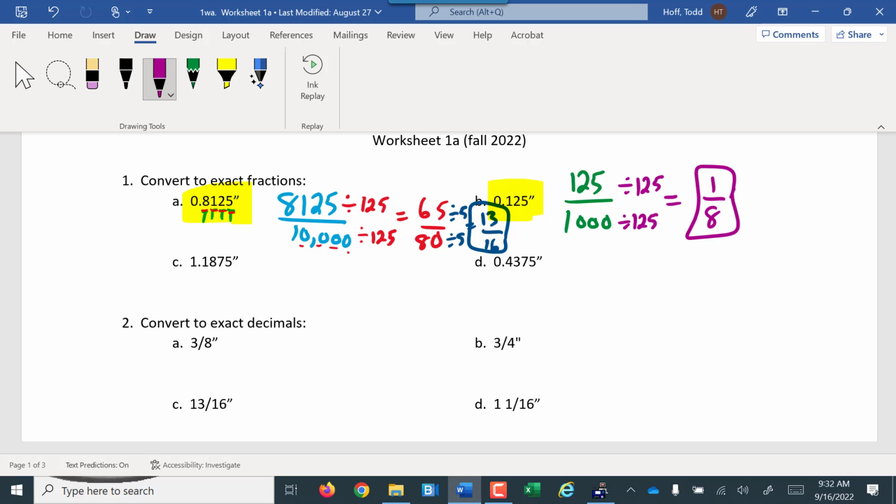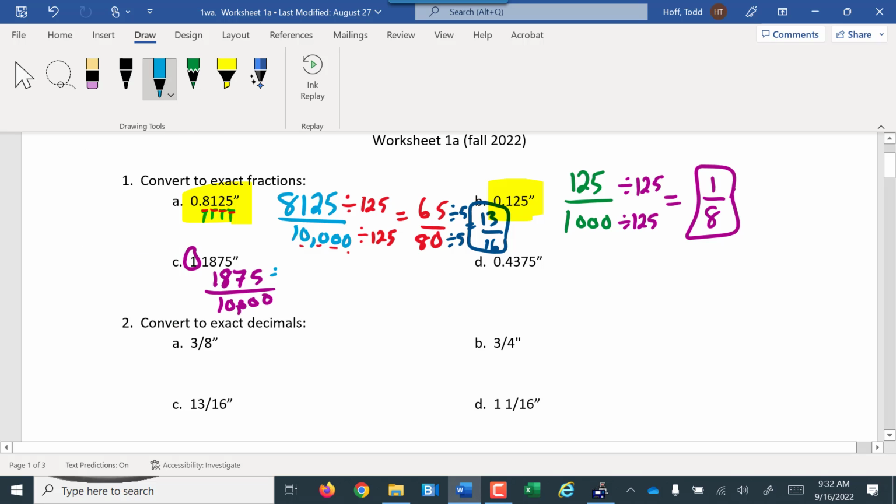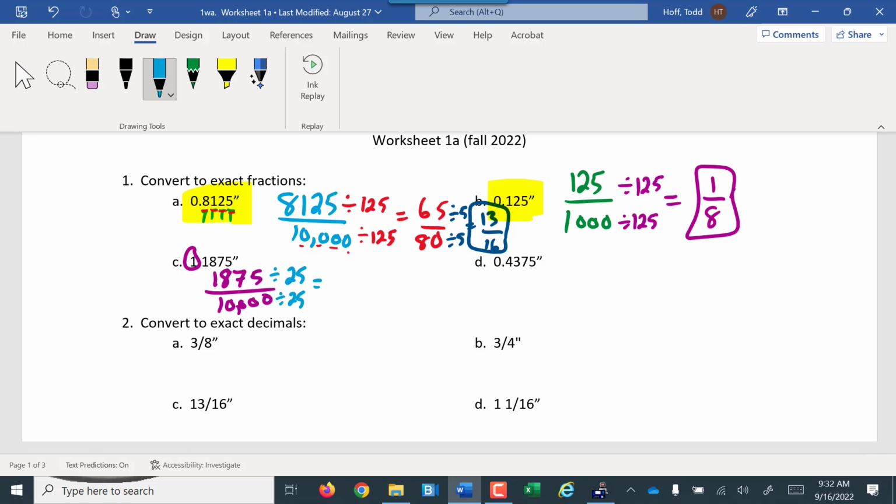So see there, the one in front we're just going to ignore for now. Then of the 1,875 over 10,000. And both of those can be divided by, well, we know they can both be divided by 25, right?